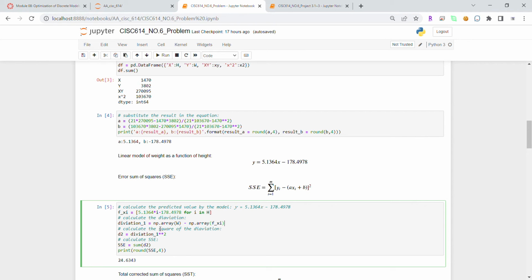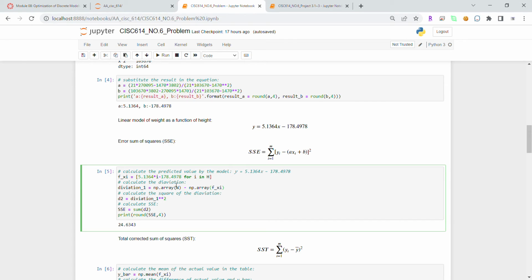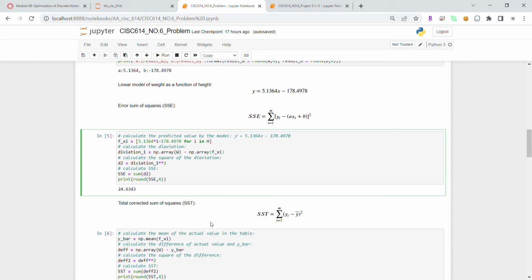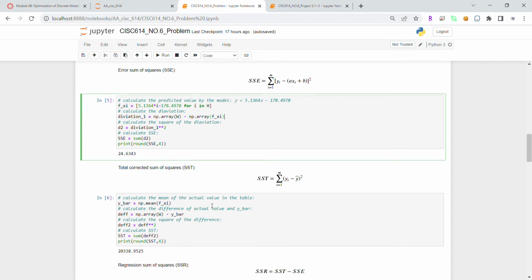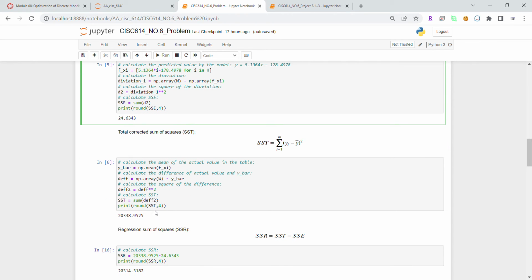and then we get the value of the SSE. Next, I calculated the SST, which is the total corrected sum of squares, where we use the difference of the actual value and the mean value, take the square of the difference, and then take the sum of the squares of the difference, and we got the result.